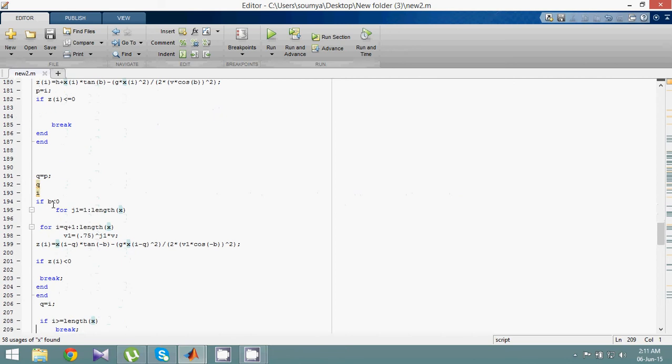So when the angle is less than 0, then I use two for loops. The first for loop is j, which I will describe later. The second for loop is inside the for loop j. Here what I used is x, in the bracket portion, i minus q, right? So here i equals q plus 1 and q equals p.